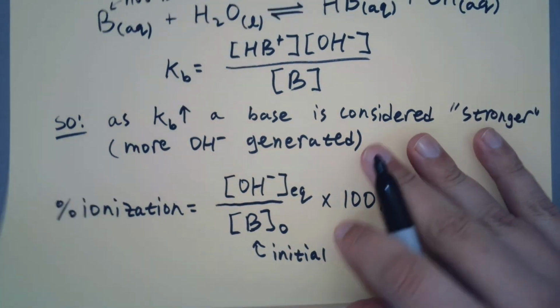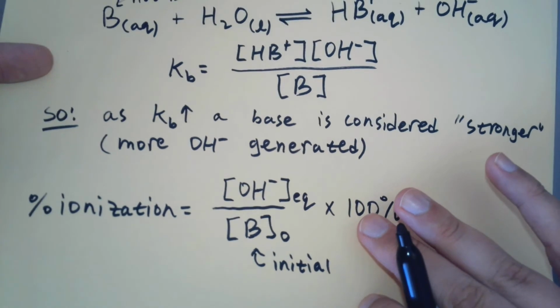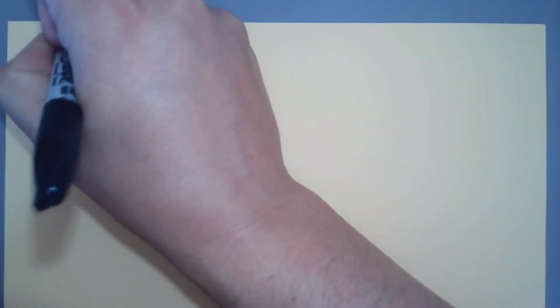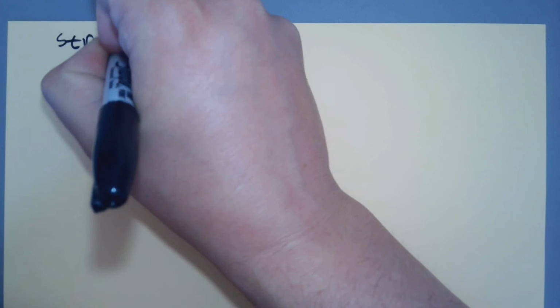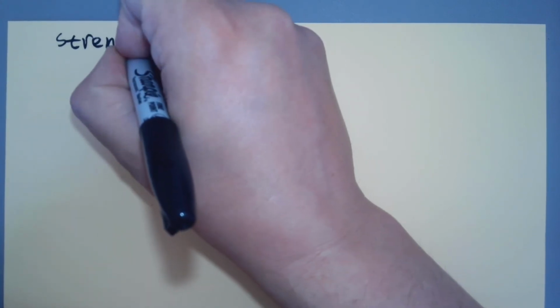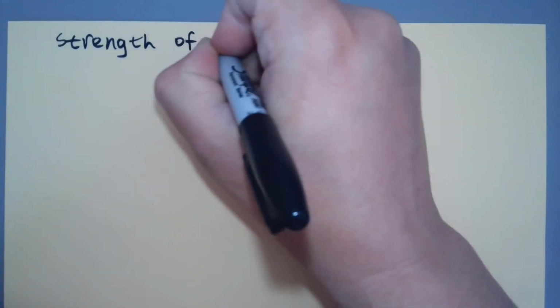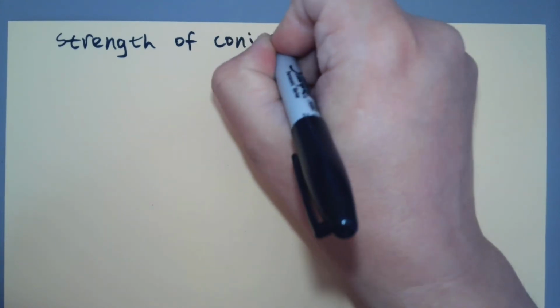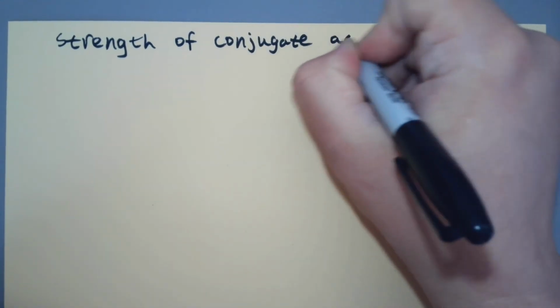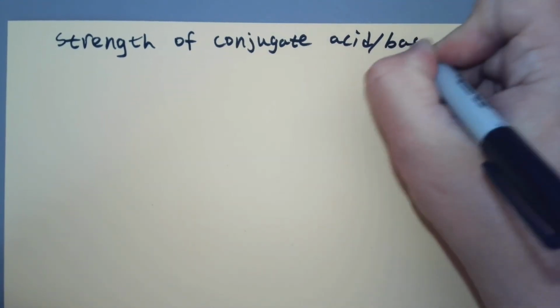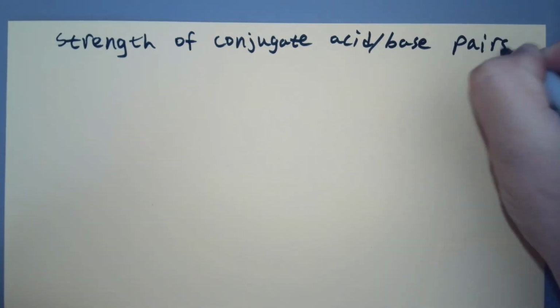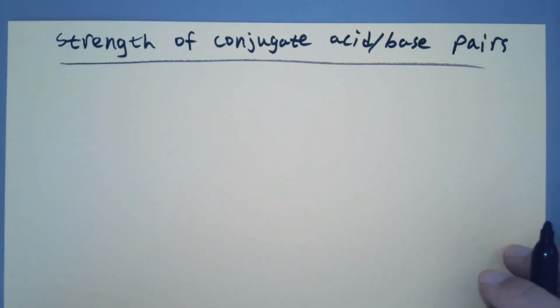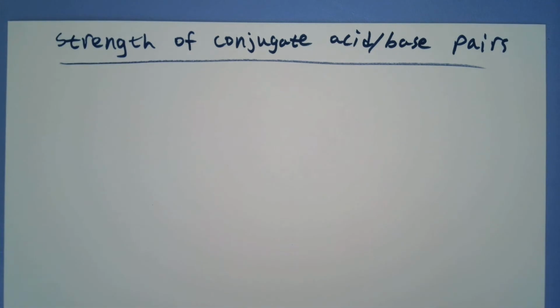Now, the last thing I'm going to talk about here is a key one, and I've hinted at it a little bit: the strength of these conjugate acid-base pairs. There's a relationship here.